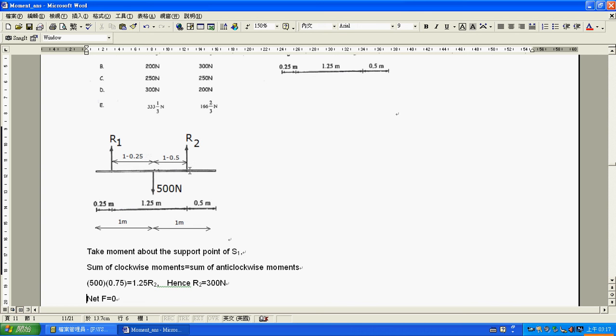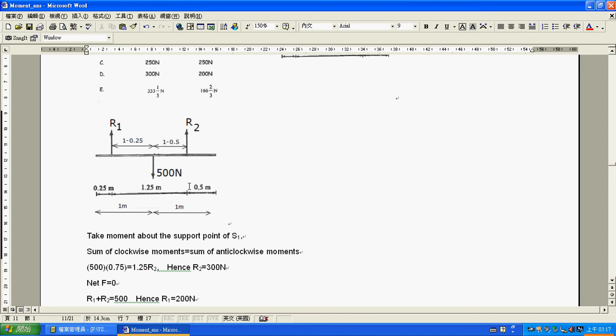The anti-clockwise moment is provided by R2, and the distance from this point is 1 minus 0.25 plus 1 minus 0.5, which is 2 minus 0.75, and we have 1.25. Now solving that, we get R2 equals 300 newtons. Now to find R1, we can apply the fact that this rod is in equilibrium, so the net force acting on it should be 0.